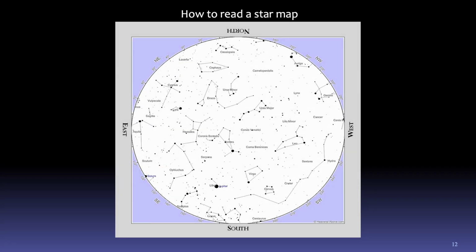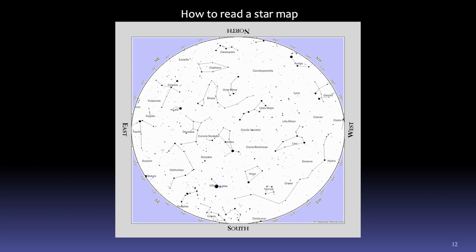Okay, now we are moving on to so-called backyard astronomy: how to read a star map. As an amateur stargazer, you will need to know how to read this star map. The easiest way that I can explain this to you is to imagine yourself in a field out there, looking up towards the sky.